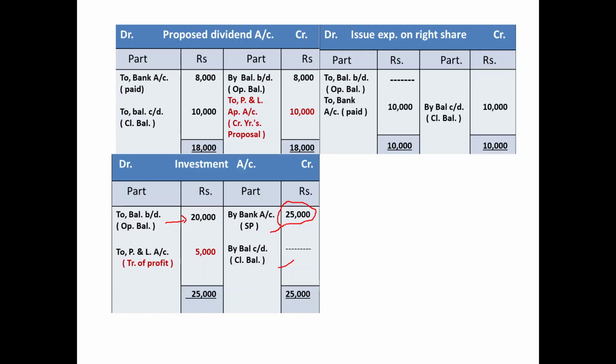Cost was 20,000, but it has been sold with a profit of 5,000. So we credited 25,000, and then the posting of second journal entry, effect of profit, investment account debited to profit and loss account credited, transfer of profit. Account is over. 25, 25.